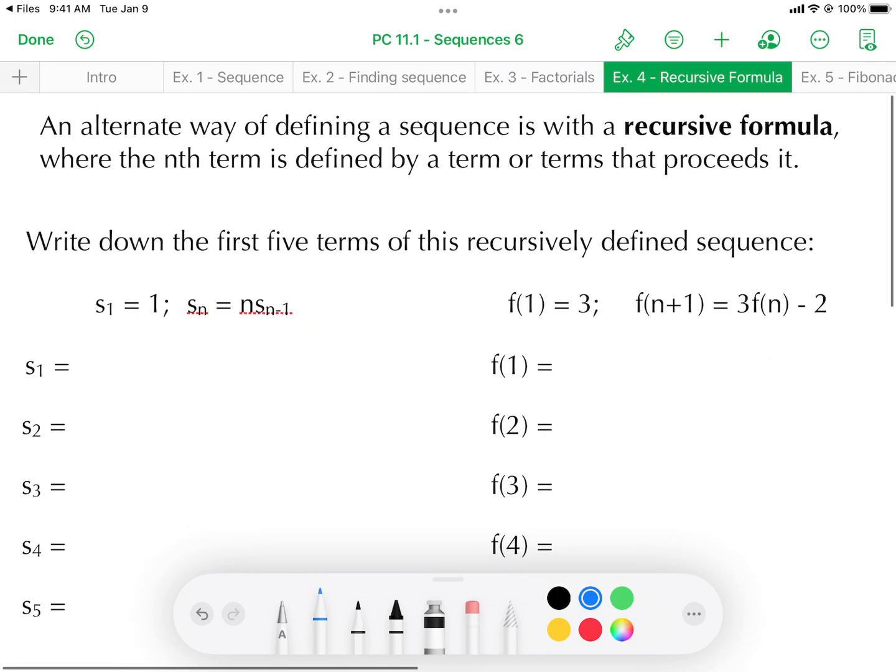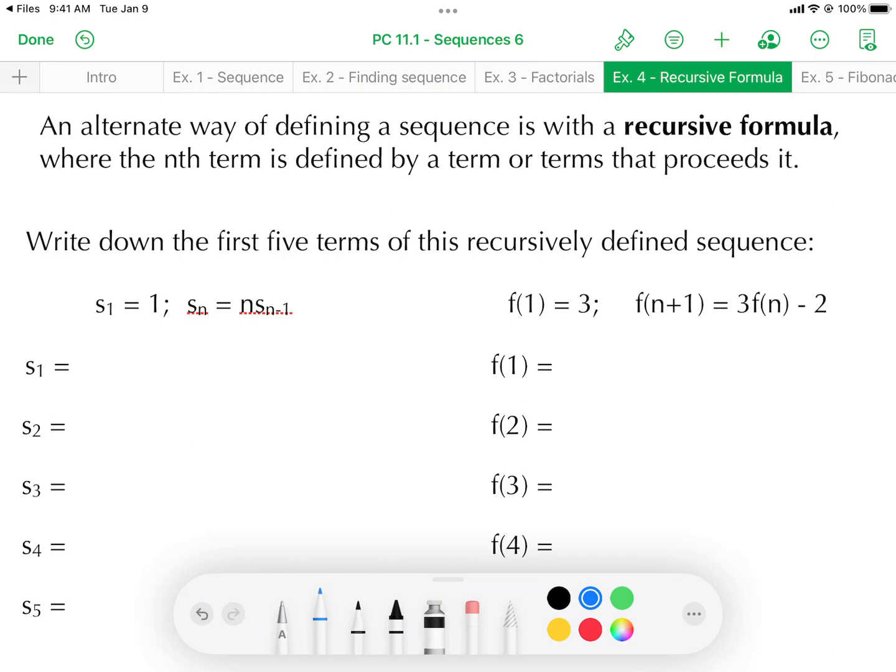All right, so the other way of defining a sequence is recursively. Okay? When you have a recursive formula, the nth term of that sequence is being defined by previous terms in the sequence. So you need to be given at least one term of the sequence in order to find other terms.